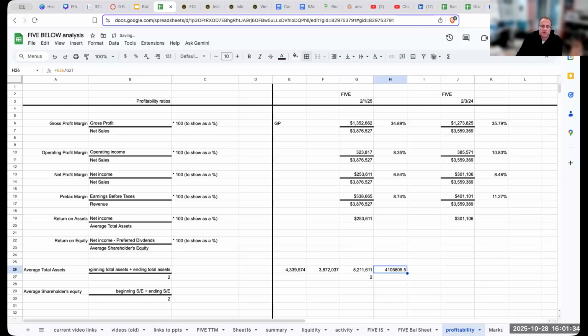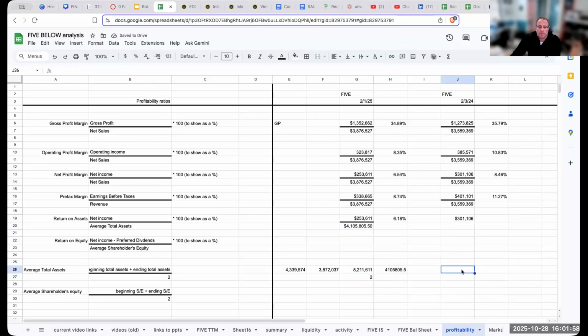I divide this result by 2. So my average total assets here are going to be 4.1 billion. So my return on assets for basically 2125 for the year is going to be roughly about 6.18%.